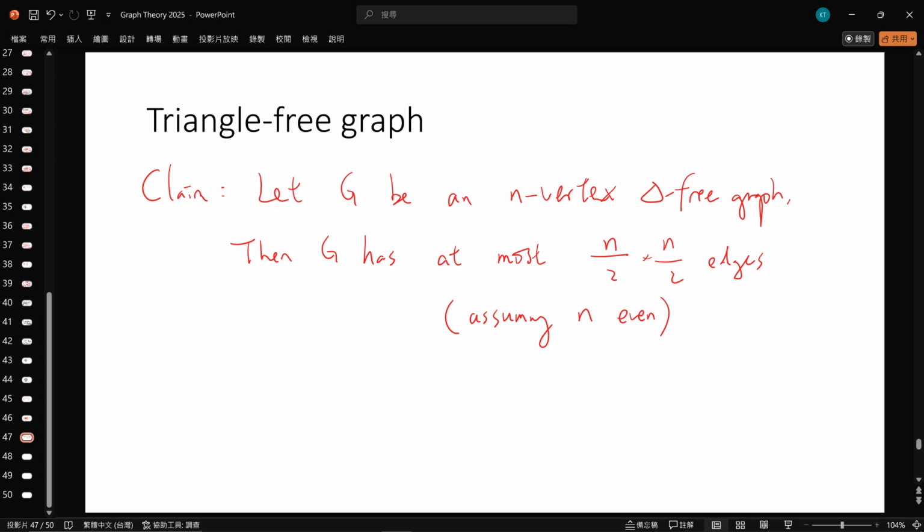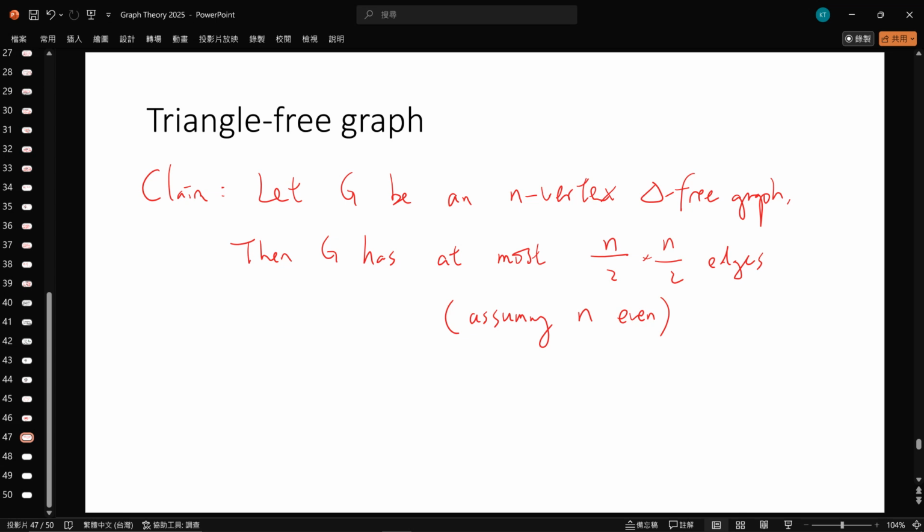This is a very famous claim in what we call extremal graph theory. In extremal graph theory, we consider problems of this form. We want to have a certain property, like here, triangle free, and we want to find the maximum possible value of some parameter, like in this case, the number of edges. You can also consider problems like cycle free, or C4, C5 free graphs.